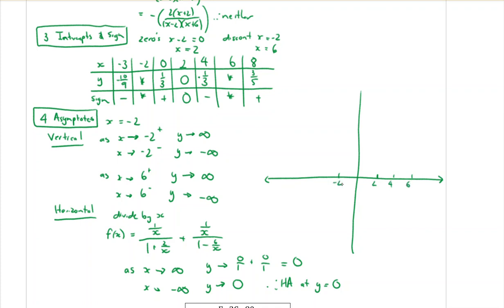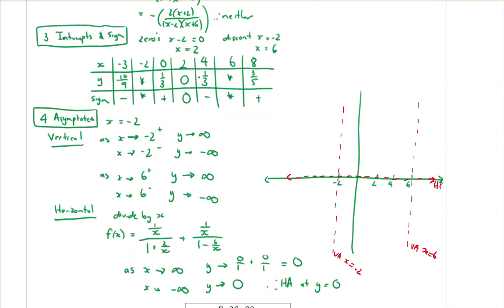All right, my vertical asymptotes were at -2 and at 6. Remember to label them. The horizontal asymptote is on the axes at y equals 0.